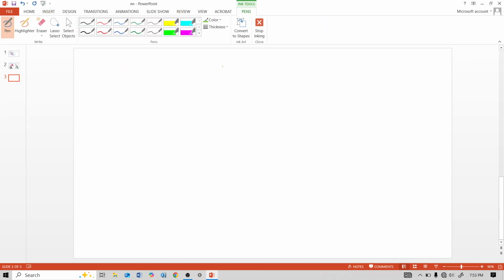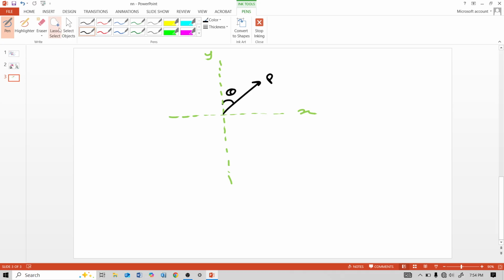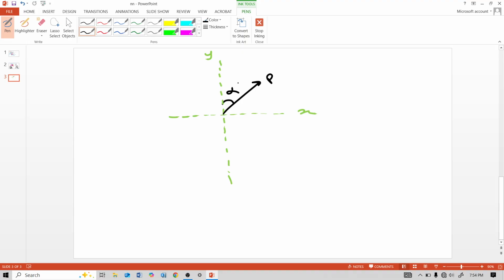So here, if the force P is making an angle alpha with respect to the y-axis, consider again this as the x-axis and this as the y-axis, and our force will be like this. In this case, the force is making an angle, we will take it as alpha, with the vertical.